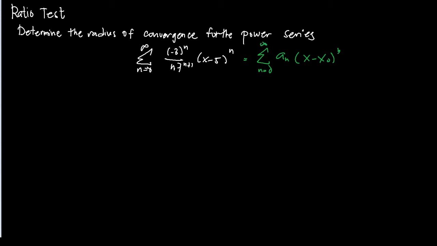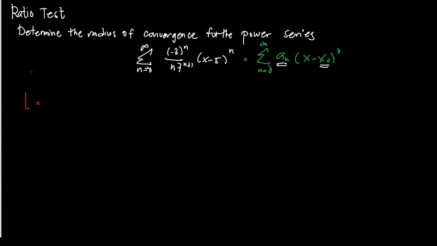So from here, we can determine two important components of a power series: the power series coefficients and the center of the power series. Now, let us recall our ratio test.